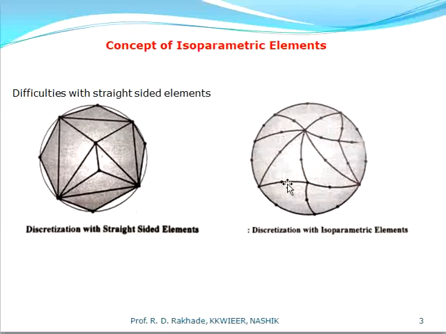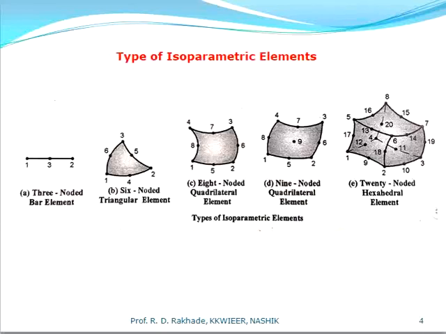These curved side elements, we can say, are isoparametric elements. So this is the basic concept behind isoparametric elements. By using straight side elements, we got some error in curved surfaces or curved boundaries, and we can minimize that error by using isoparametric elements.